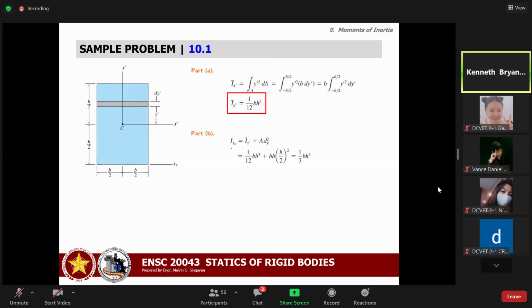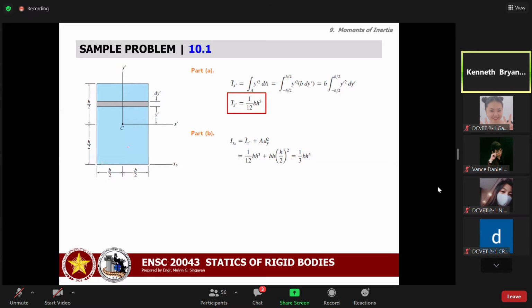Your formula: I_xB is equal to I bar x prime plus A times dy squared. The I bar x prime is the centroidal moment of inertia, which is 1/12 bh cubed, plus the transfer term, area b times h, times dy, which is h over 2, squared.